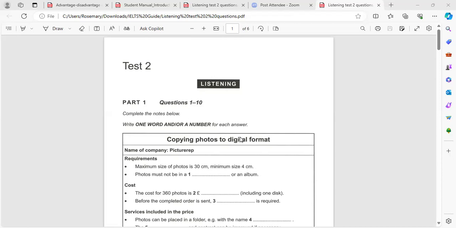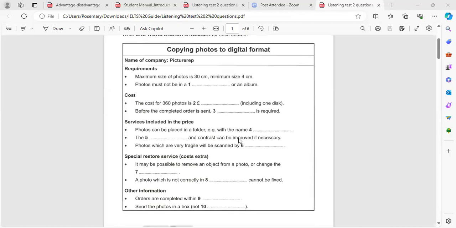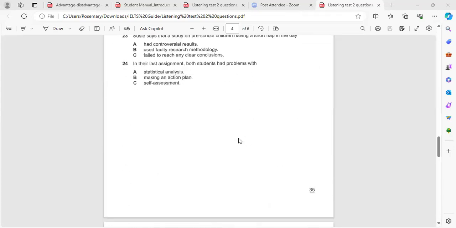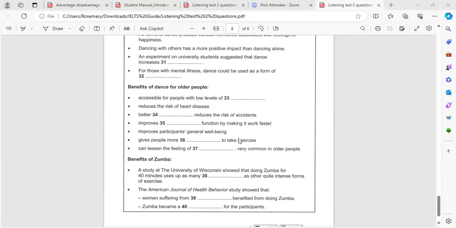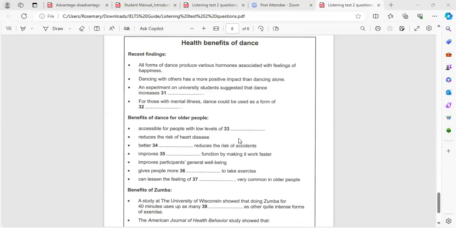The audio recordings get more difficult by the fourth part. In part 4, you will be given more difficult academic audio. However, if you practice, you will be able to get the idea properly. And one thing you should know is avoid distractors.